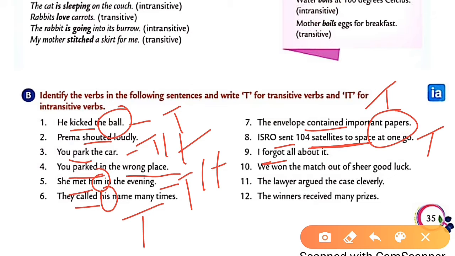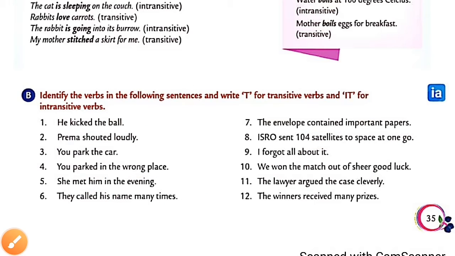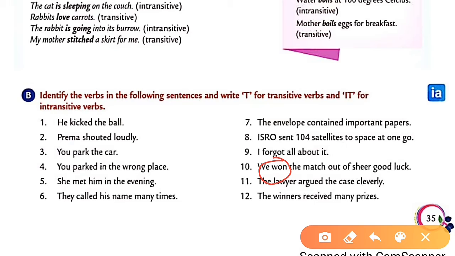There is no object here, this is not an object, that's why it is an intransitive verb, IT. Next, number 10, "We won the match out of sheer good luck." Won is the verb, and is it transitive or intransitive? The match is the object, so it is a transitive verb.